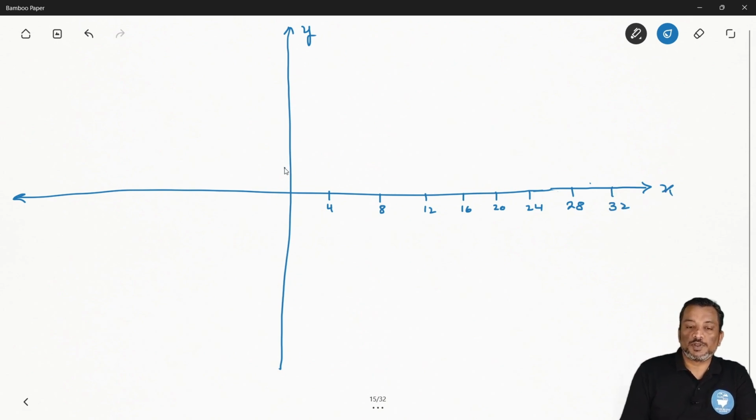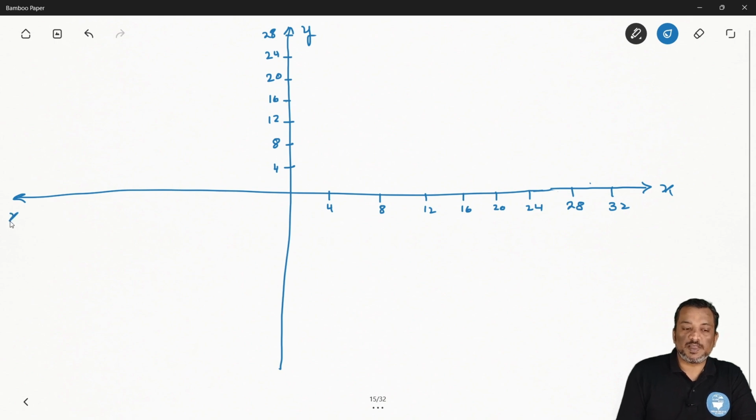Here also you can take 4, 8, 12, 16, 20, 24 and 28. And this is your negative x-axis, x dash. Here also you can take minus 4, minus 8, minus 12, minus 16, minus 20, minus 24 and minus 28.